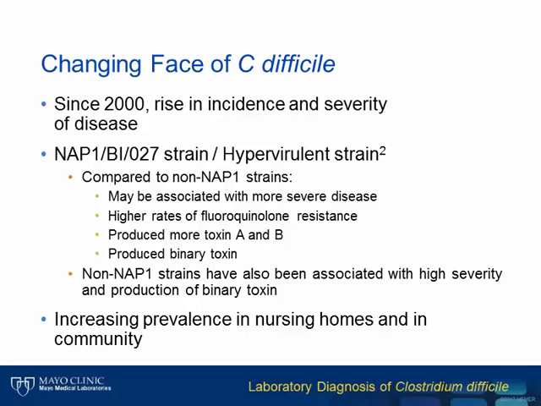NAP1 stands for North American Pulsed Field Gel Electrophoresis Type 1, and 027 refers to PCR ribotype number. Compared to non-NAP1 strains, this strain has been more often associated with severe disease, has shown higher rates of fluoroquinolone resistance, and produces more toxins A and B. In addition, NAP1 strains were found to produce binary toxin.